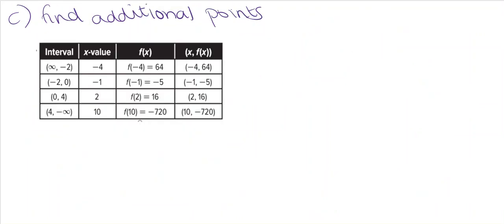Okay, so part C, we need to find additional points. So we're looking between our roots that we found. So I'm using -4, -1, 2 and 10. And just substitute them in to get our additional points. And then we can look at graphing the function.